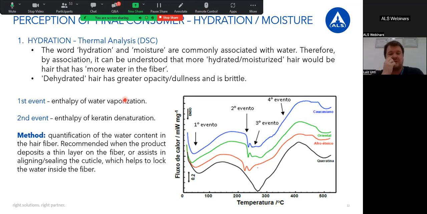And by association, we can understand that hydrated and moisturized hair would be a hair that has more water in the fiber. But here we have a problem, because if the problem was the amount of water in the fiber, we would just have to put some water in the hair.